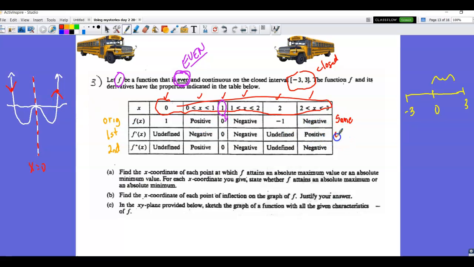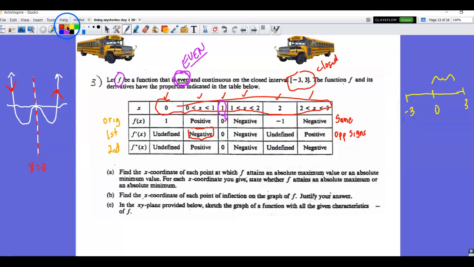So in this case, the signs would be opposite on either side of the origin. So for example, where the first derivative is negative from 0 to 1, that means from negative 1 to 0, the first derivative would be positive. So what I'm trying to say is we're going to create a number line, but we're going to create it on both sides of 0, not just on the right side.